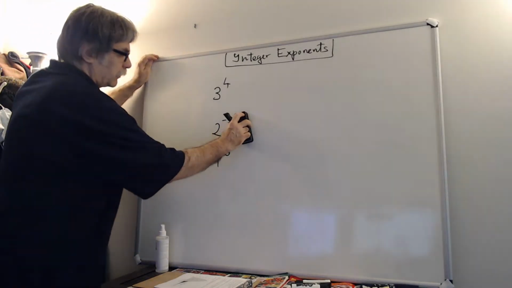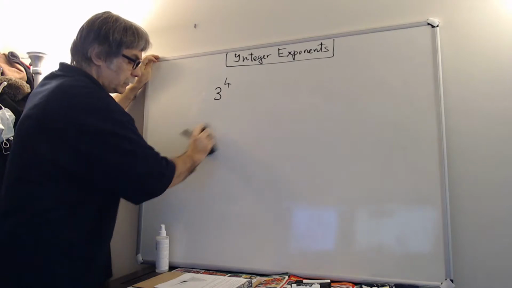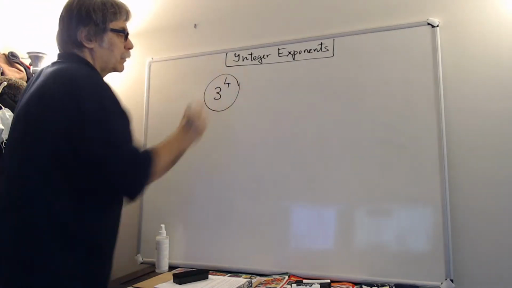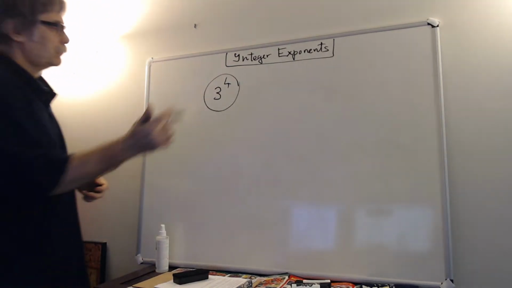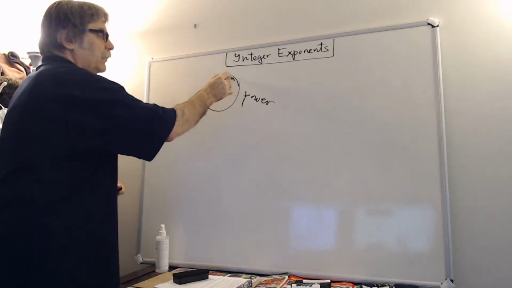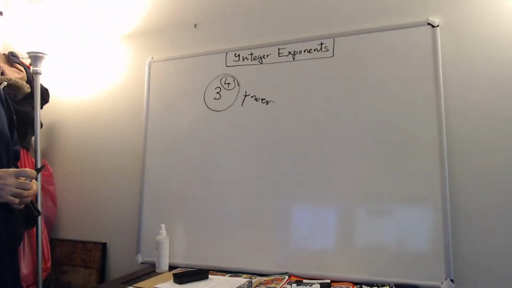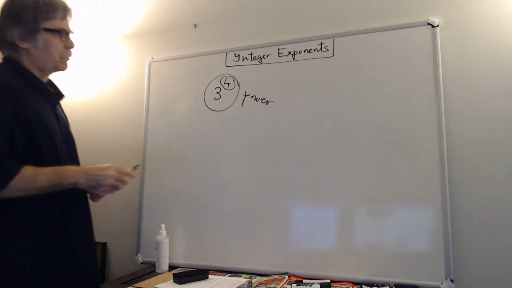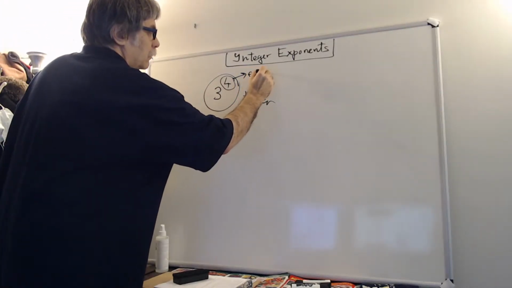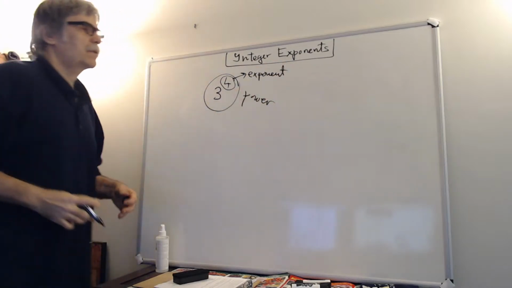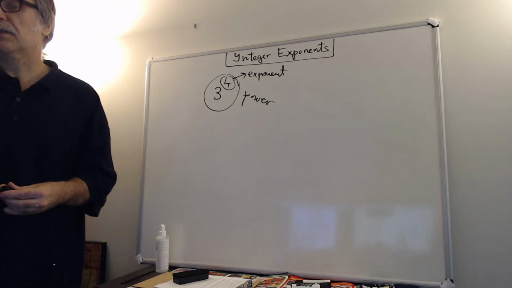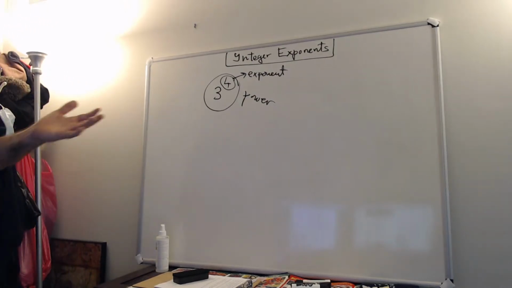So when you have something like this, then we have some names for it. The whole thing we will call a power. This thing here, which is a superscript of the expression, we would call exponent. So this is something that could be any integer. It could be a positive integer, it could be a negative integer, it could also be 0.